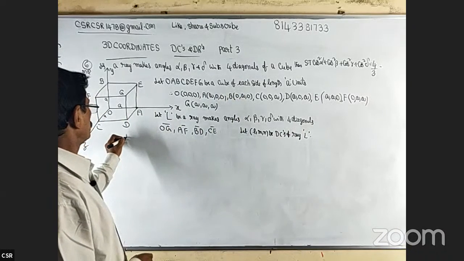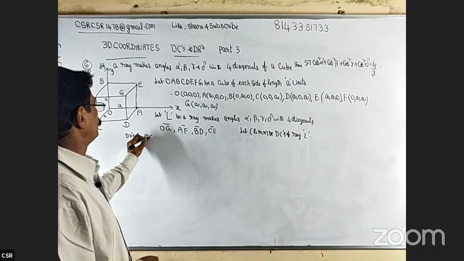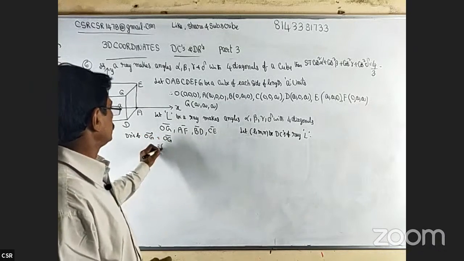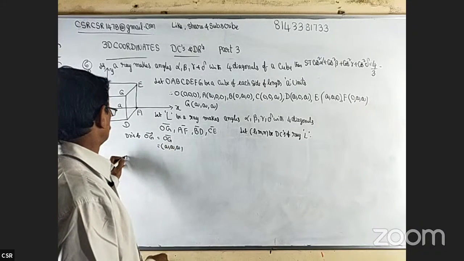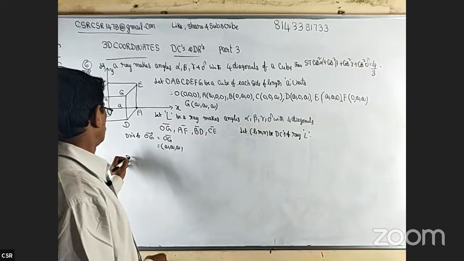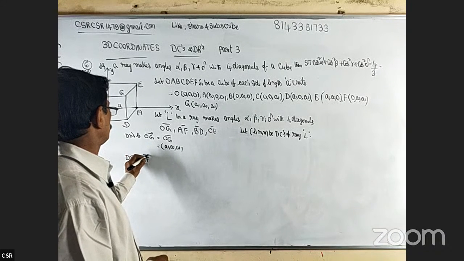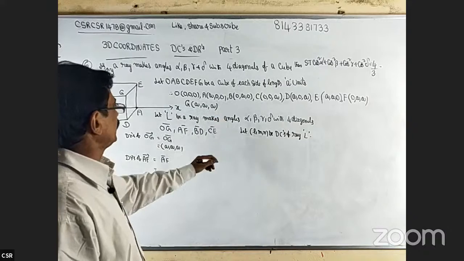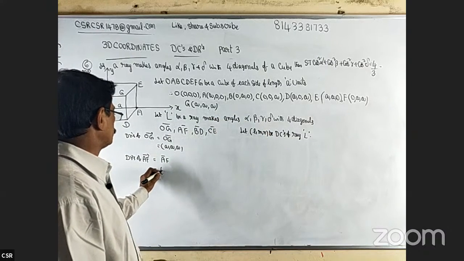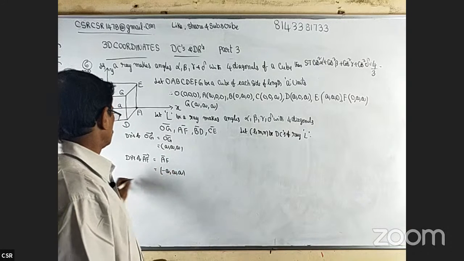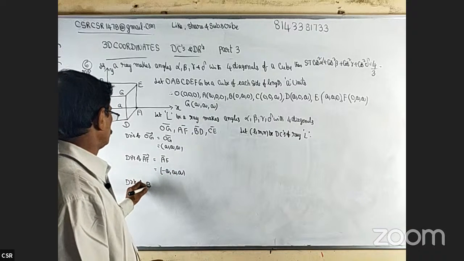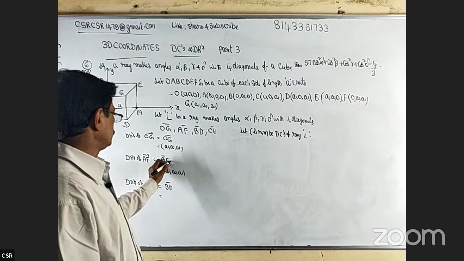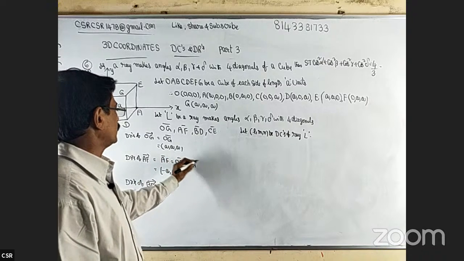Now, the direction ratios of OG are OG bar, which is A, A, A. Next, the direction ratios of AF are AF bar, F minus A, which gives minus A, A, A. Next, the direction ratios of BD are BD bar, that means OD minus OB in vector notation.